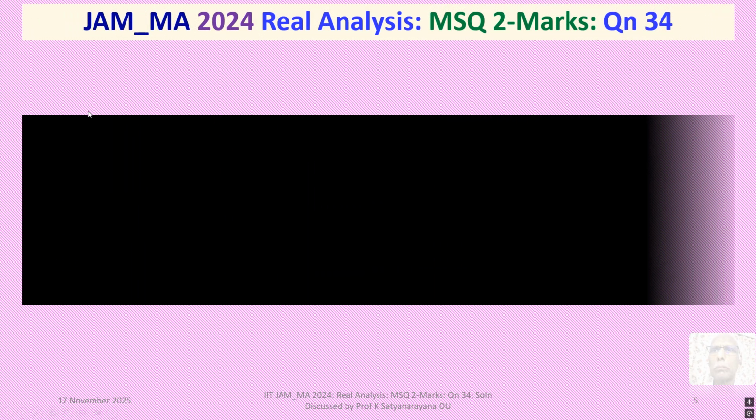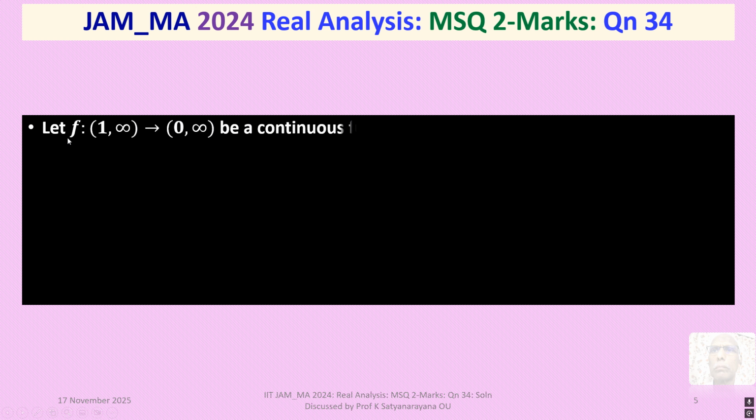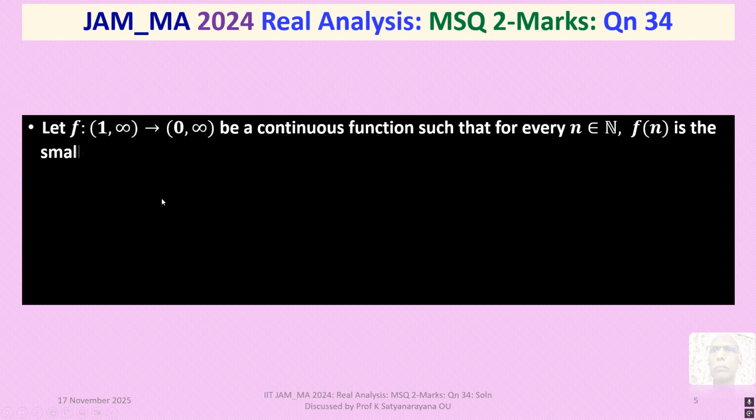The given problem is: let f be a continuous function from the open interval 1 to infinity into the open interval 0 to infinity, and it is defined such that for every n belonging to the set of natural numbers, its image f of n is the smallest prime factor of n.